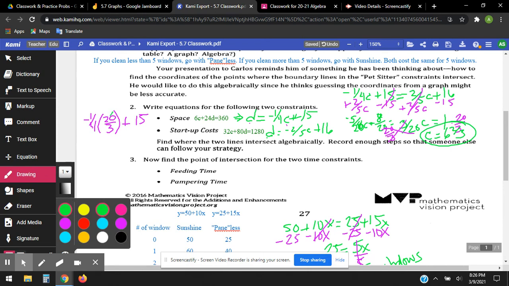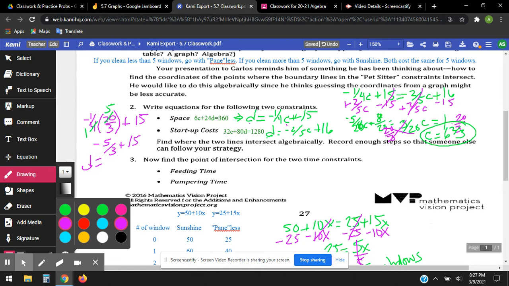Those two cancel. I get a 5 and a 1. So that actually means negative 5/3 plus 15, which is negative 1 2/3. If I have a negative 1 2/3, then 15 minus 1 is 14, and 14 minus 2/3 is 13 1/3.